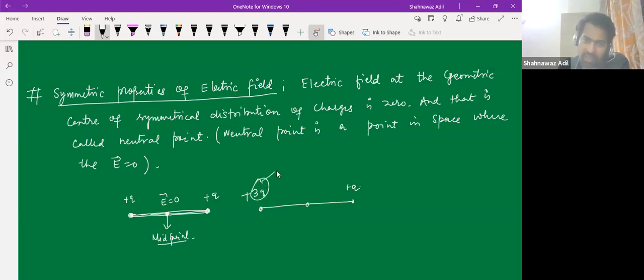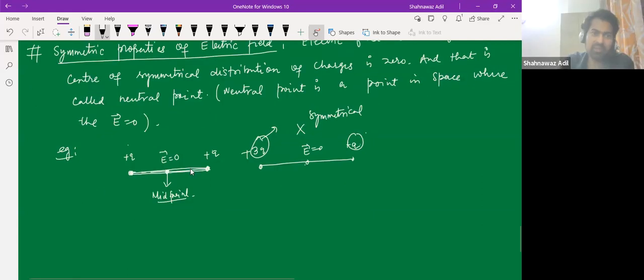This is different. This one is symmetrical, equal charges on both the sides. This is not symmetrical, so E would not be 0 at the center. Is that clear?